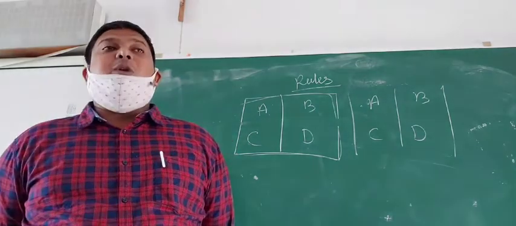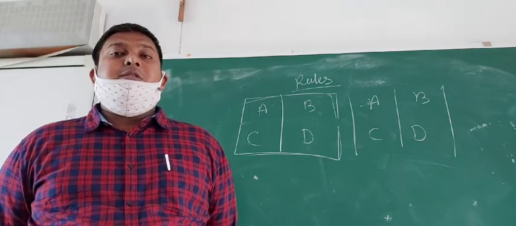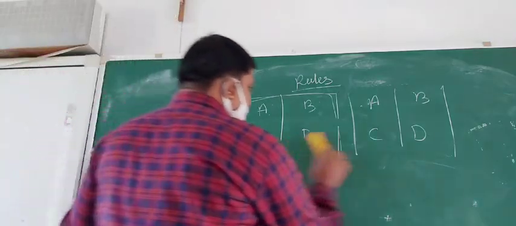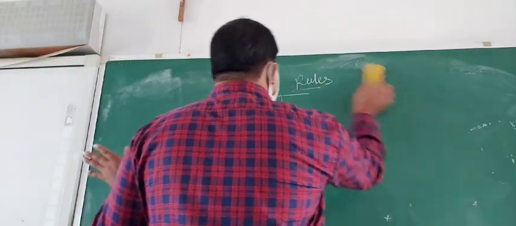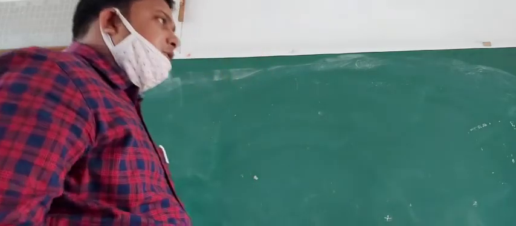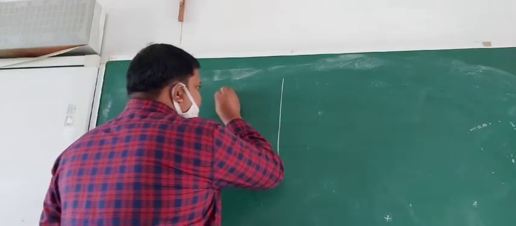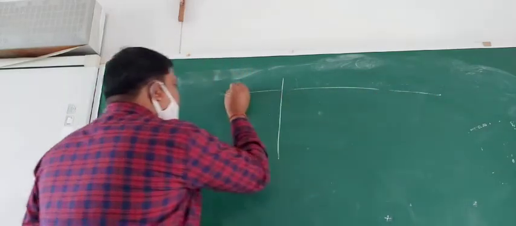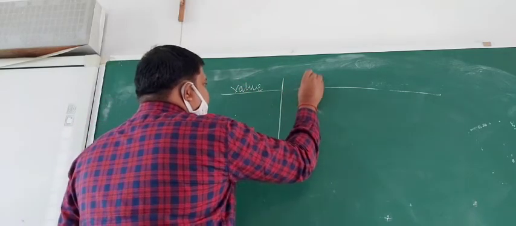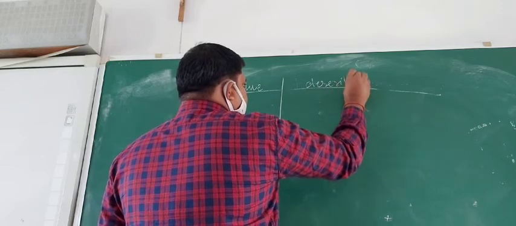The following values are being used with the rules. Now you do it in this way. Make two columns. The small parts you may give to the values, and write down here the descriptions.